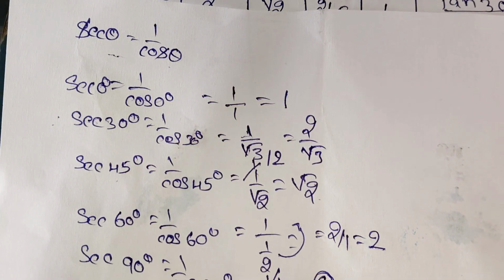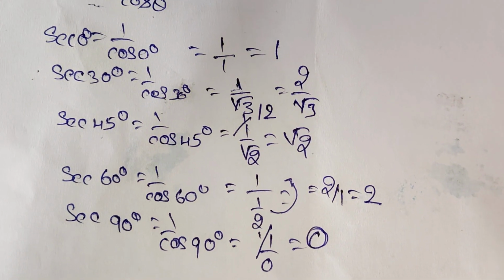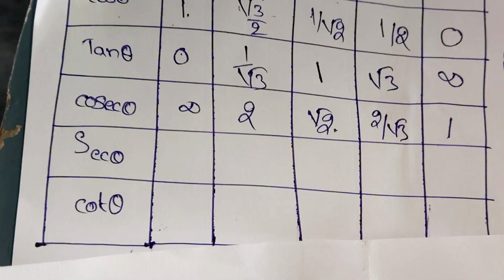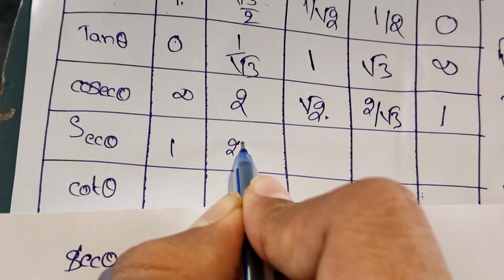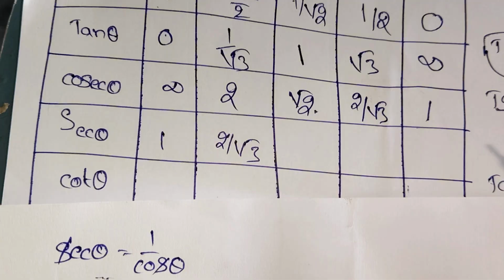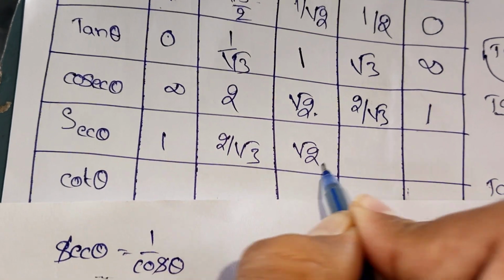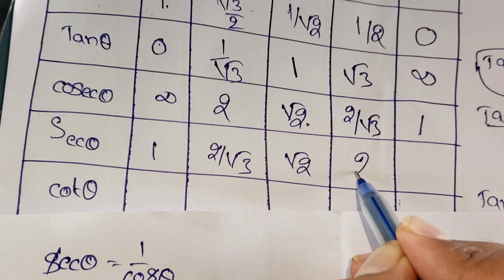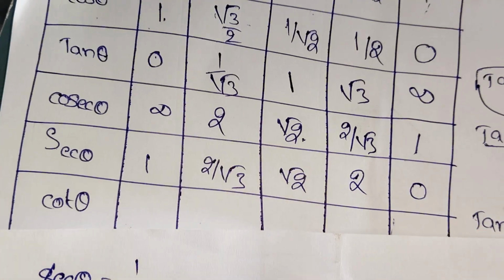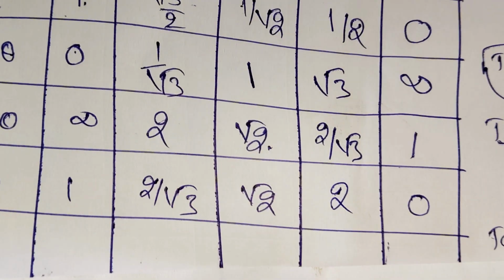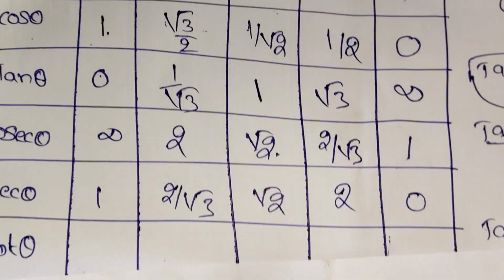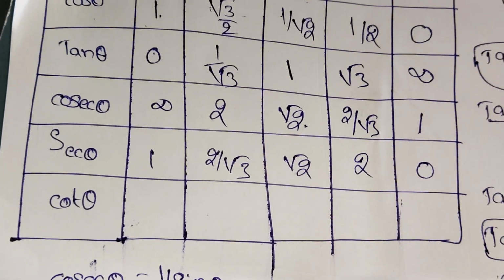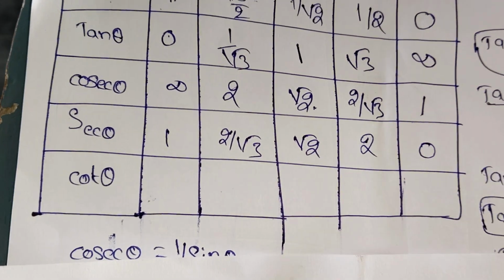These are the secant values of trigonometric functions: 1, 2 by root 3, root 2 and 2. The last one is 0. So these are the secant values of trigonometric functions.